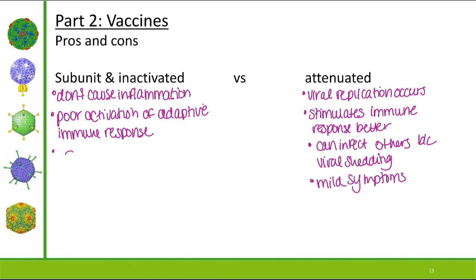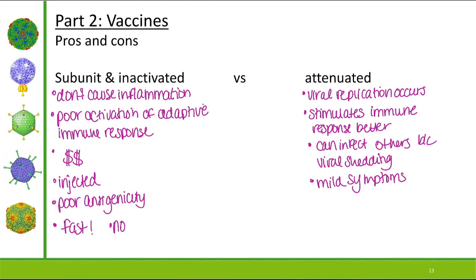Other cons tend to be that they are a little bit more expensive. Usually all of these are injected. And going back to the immune problem, we have poor antigenicity. But some pros are that it is fast, right? So it might be more expensive to develop, but it's faster.